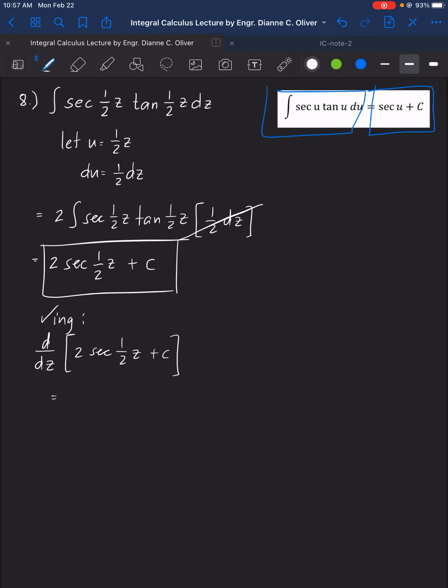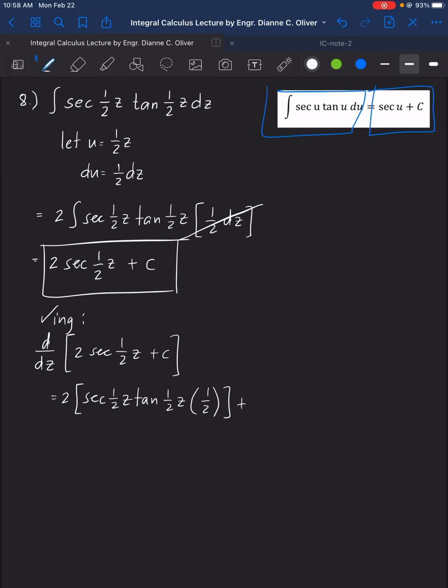So that is equal to 2. What's the derivative of secant? So the derivative of secant here is secant 1/2 z tangent 1/2 z, and then we have here the derivative of 1/2 z, which is 1/2 dz. Or 1/2, I just put it as 1/2.